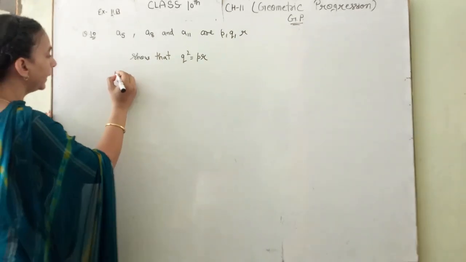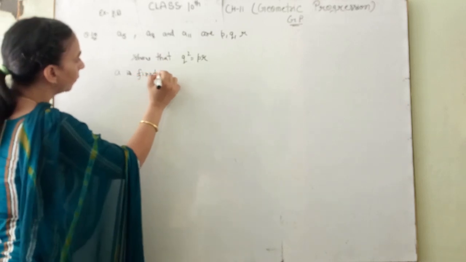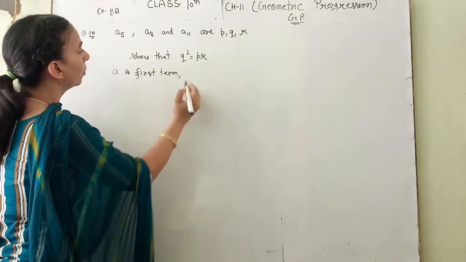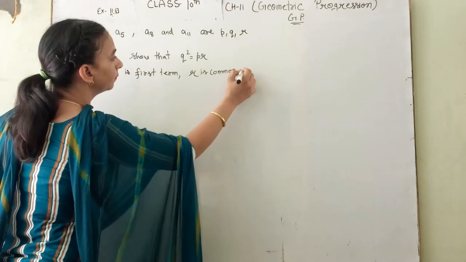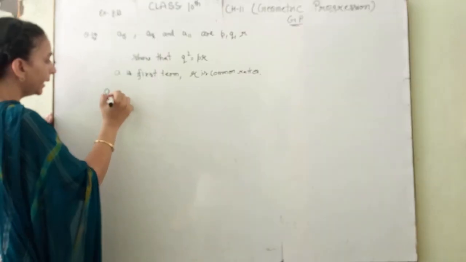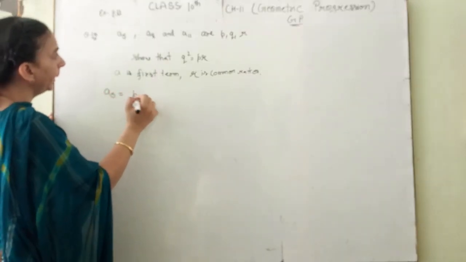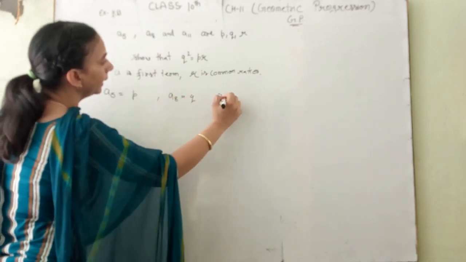Student, let a be the first term and r the common ratio. Then A5, the fifth term, equals p, A8 equals q, and A11 equals r.